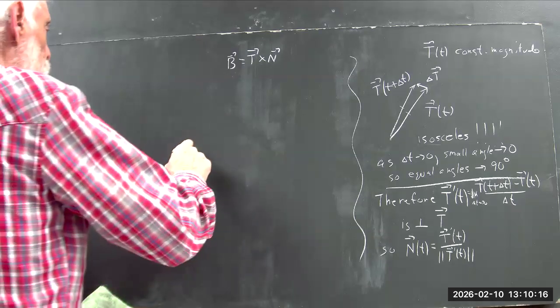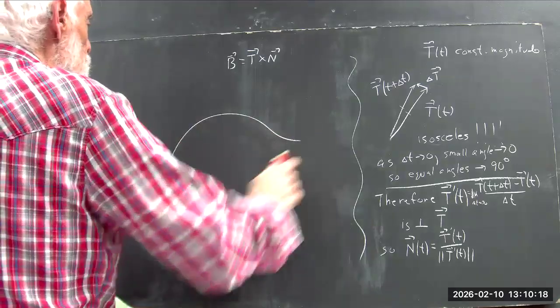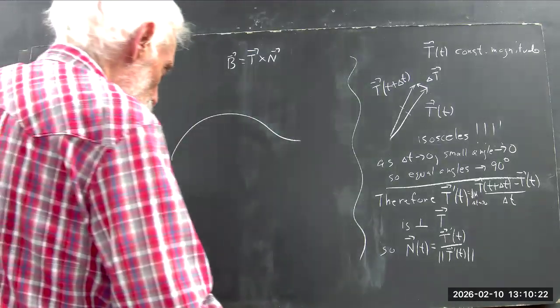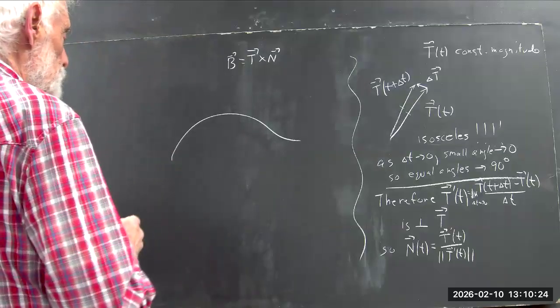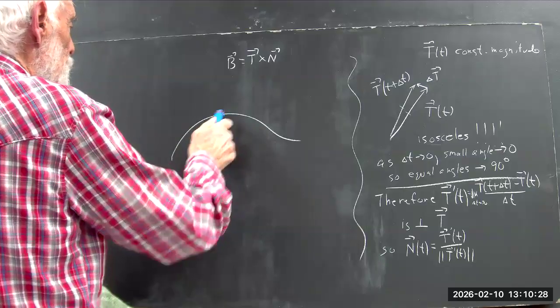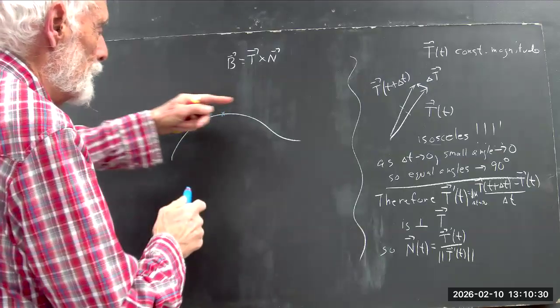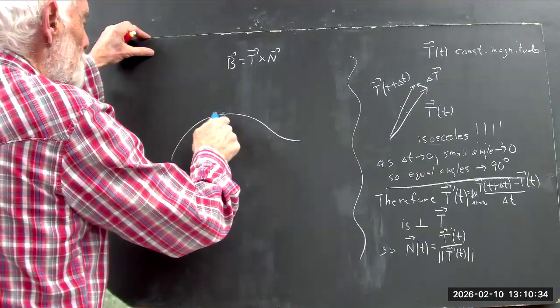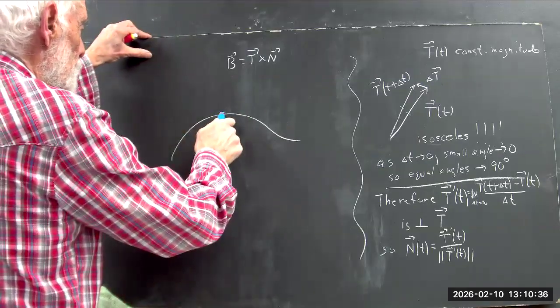Now, if we're on a curve, there's a circle that's tangent to this curve. It's the circle that goes through this point, and its tangent at this point is the same as the tangent of the curve.